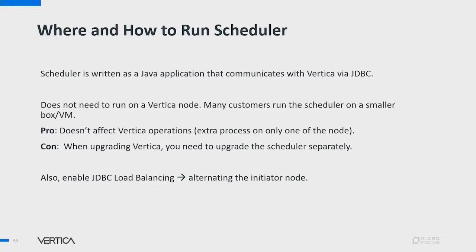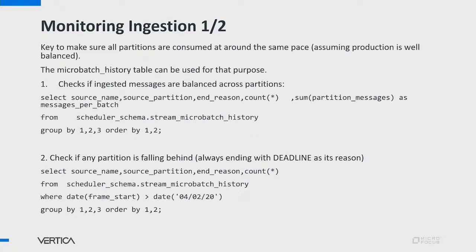In terms of monitoring ingestions, I mentioned earlier that for each scheduler, Vertica creates a number of system tables in a schema which is named the same as the scheduler.